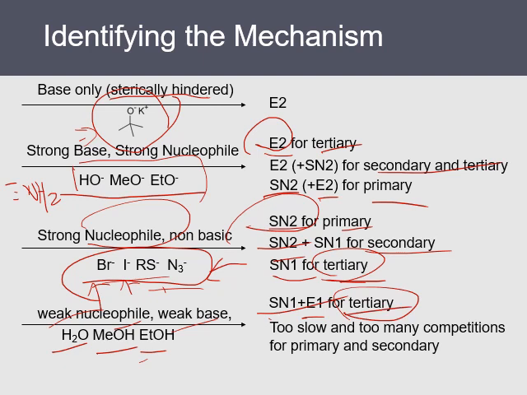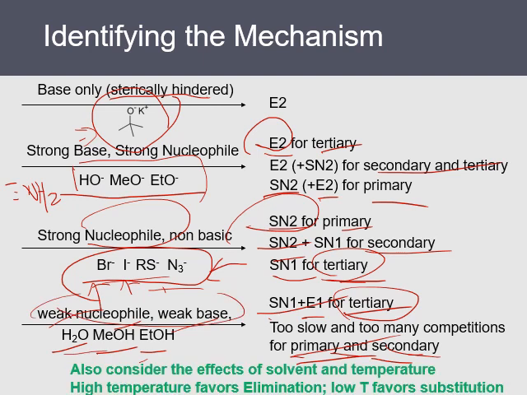Now, what if it's primary or secondary? Primary and secondary cannot form a stable carbocation. So the only reactions are SN2 and E2, but these are so weak that they cannot attack, and therefore the reaction is too slow, insignificant.